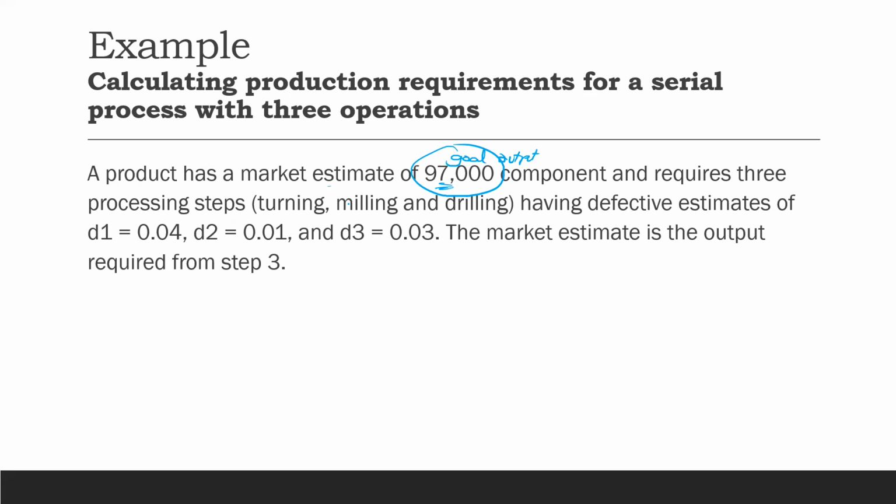Goal output, 97,000. Okay, so kung ilo-drawing natin, ito yung ating input. Ito yung ating turning process. Siyempre, meron ditong defective. Ito yung second step natin, which is milling. Meron dito ulit defective. Third process natin, which is drilling.